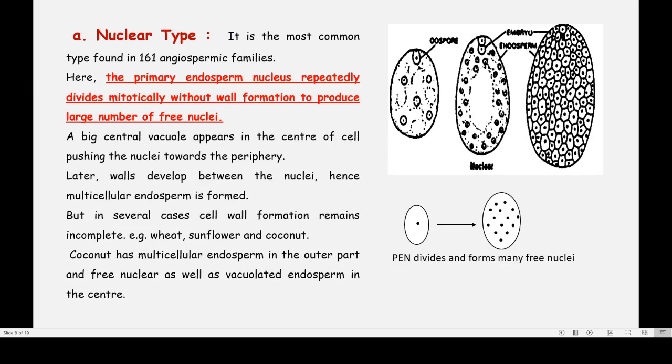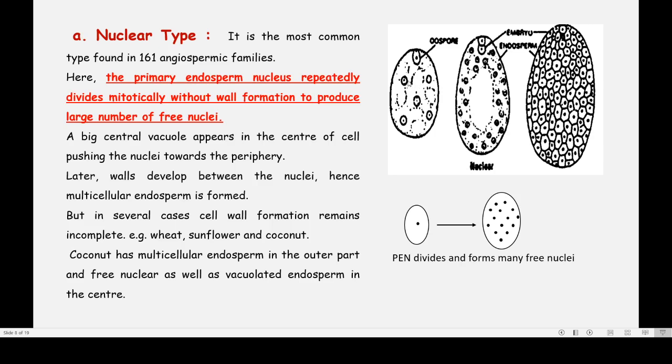Now, in this, the primary endosperm nucleus divides repeatedly by mitosis, and here only the nucleus divides, not the cytoplasm. That means only karyokinesis, the division of the nucleus, takes place, and not cytokinesis, that means the division of cytoplasm.